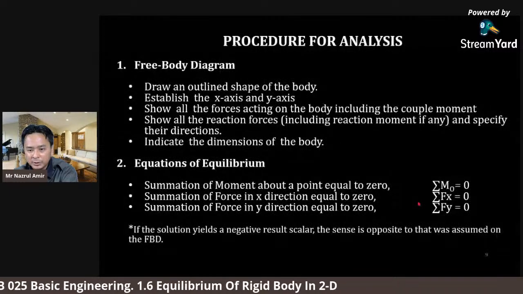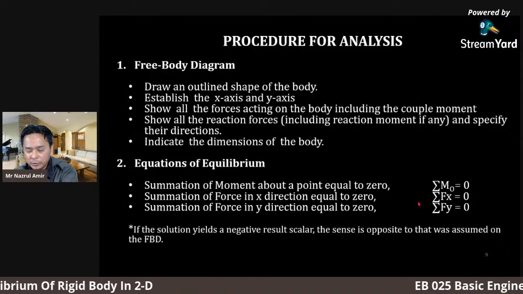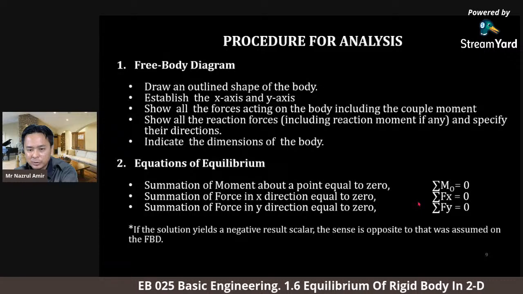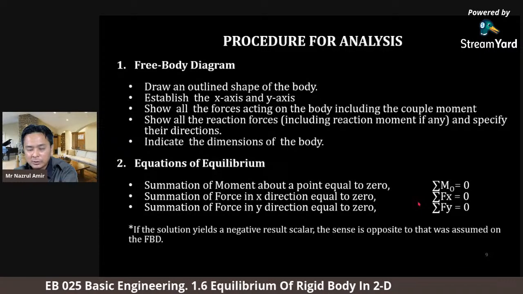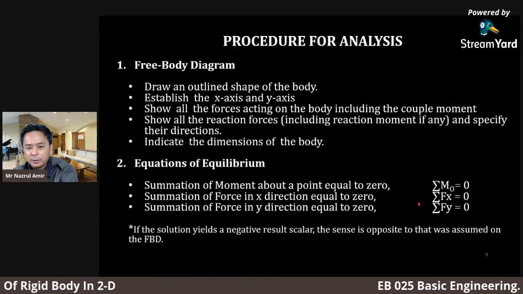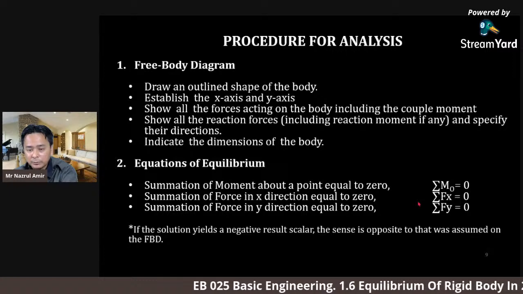Because in the FBD, all the reaction forces or reaction moments that we put can be assumed. Sometimes the assumption is correct, sometimes it's not, but it doesn't matter. The important thing is you get the final result, and then you state the real direction, or the correct direction.